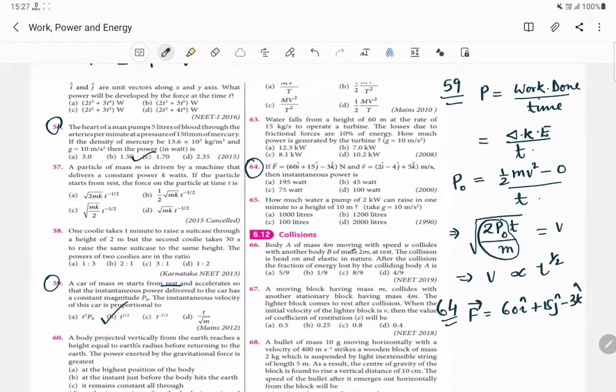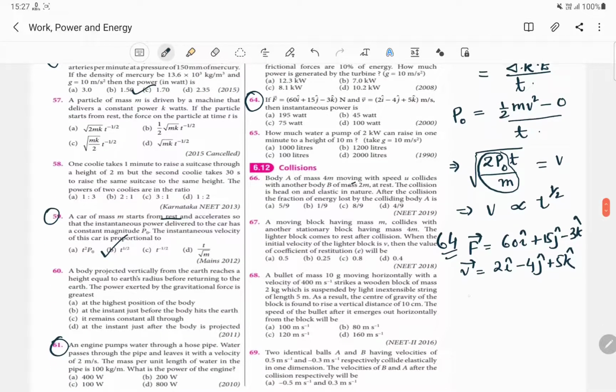And the velocity vector v is given as 2 i cap minus 4 j cap plus 5 k cap. To find the power, it is very simple: we have to find the dot product. I will do it in one single step.